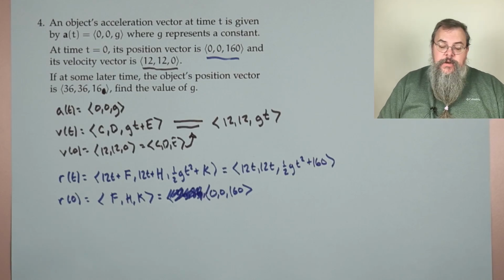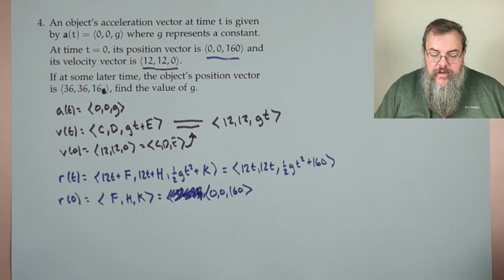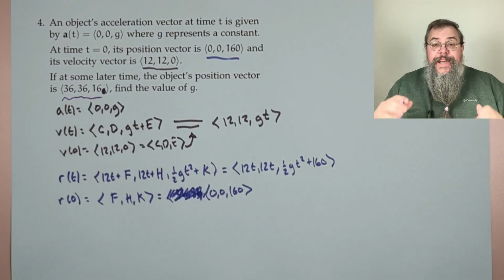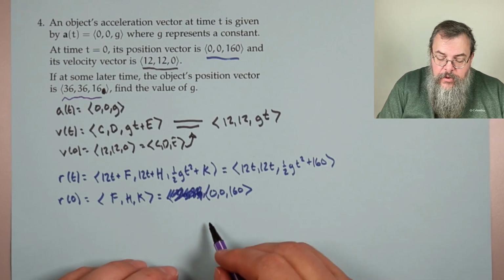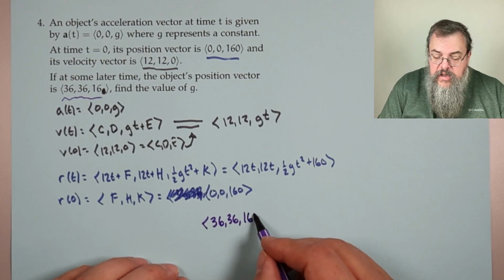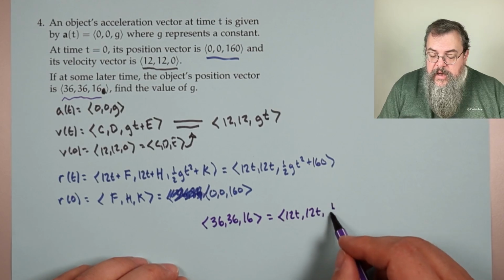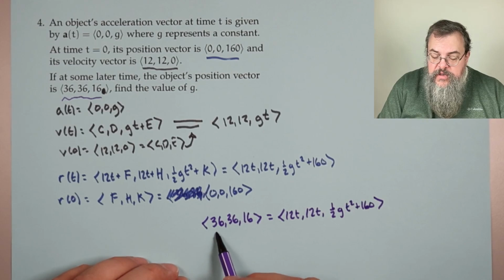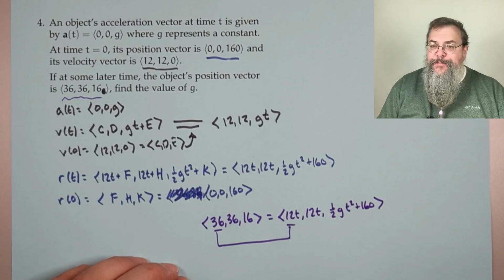Okay, all right. We're almost there. So what is the last thing? We now say, look, at some later time, it doesn't tell us when, we have its location. So we know that at some point, 36, 36, 16 has to match 12t, 12t, 1/2 g t squared plus 160. Well, we just start matching the entries. The first entry and the second entry are basically the same.